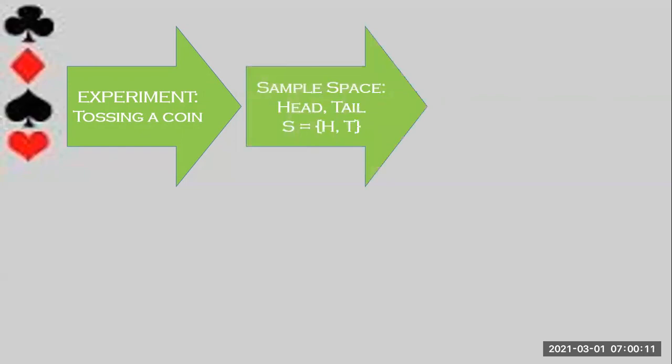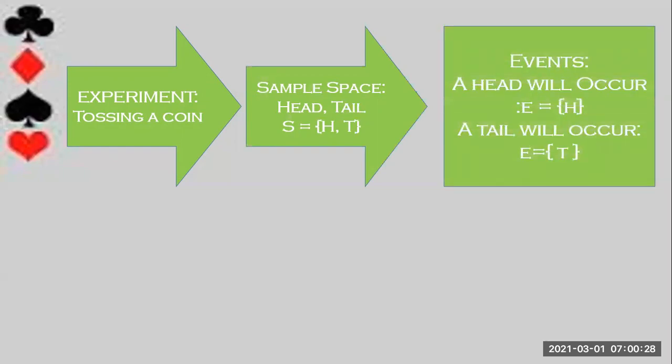Okay, so again, let's have a summary of the different terms that we will encounter in probability. So the first one, we have the experiment, and an example is tossing a coin. And its sample space will be S is equal to, in brackets, head or tail, or we are going to represent it by H and T. So lahat na yan ang possible outcomes kapag nag-toss tayo ng coin.